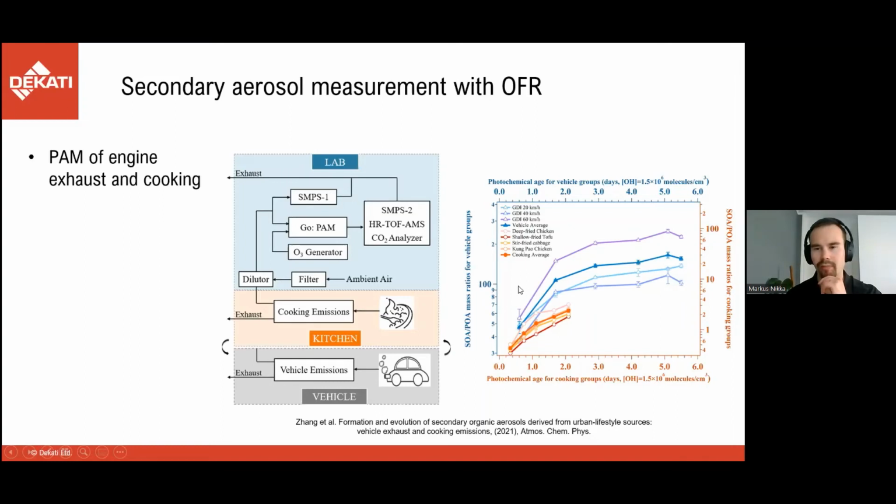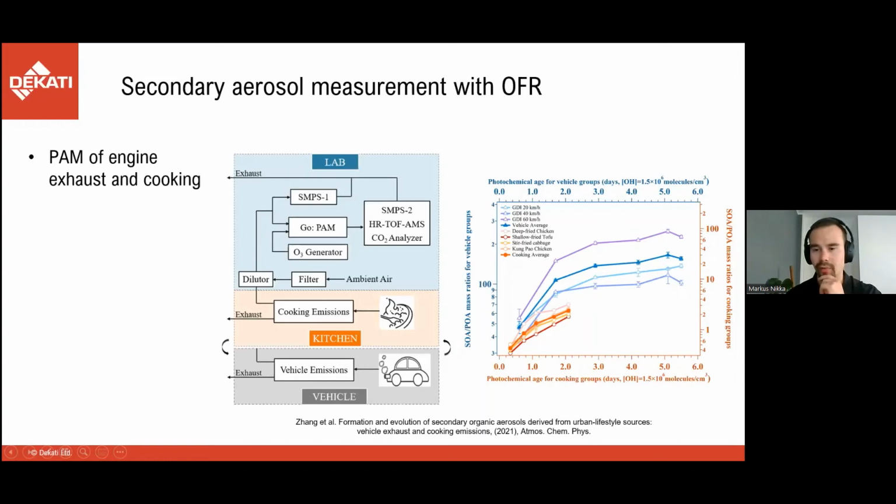The blue ones are for the vehicles, so we can see that the amount of secondary organic aerosol compared to the primary organic aerosol is about 100 times greater, so two orders of magnitude greater, even more, compared to the primary emission for the vehicle.